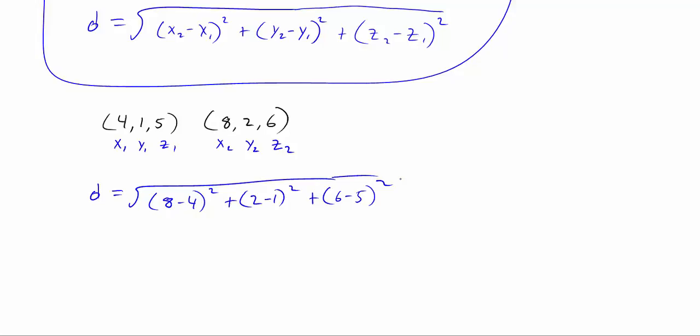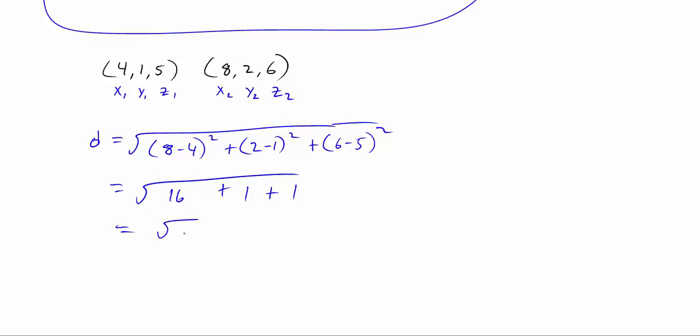And then that's squared. So then we would have 8 minus 4, which is 4, so the 4 squared is 16, plus 2 minus 1 is 1 squared is 1, plus 6 minus 5 is 1, and 1 squared is 1. So then we end up with 16 plus 1 plus 1.